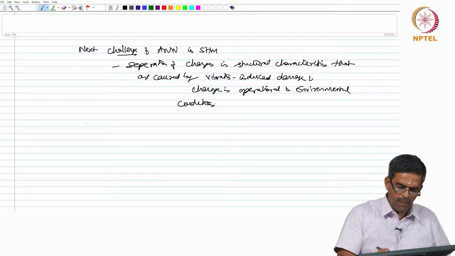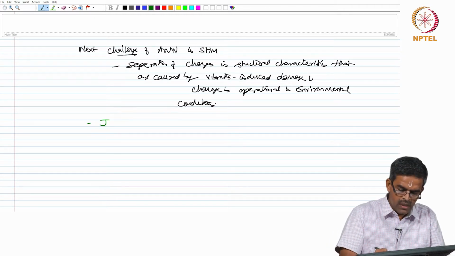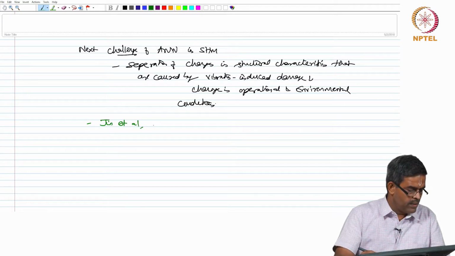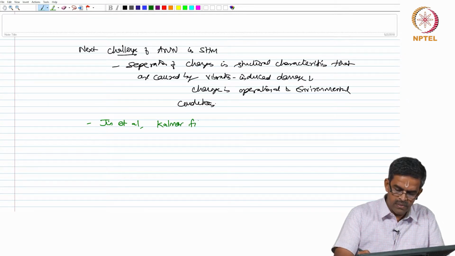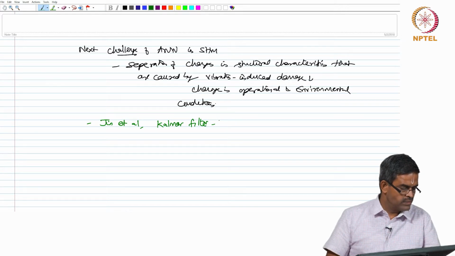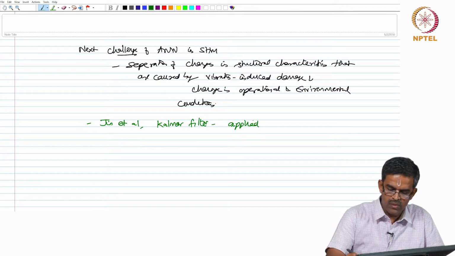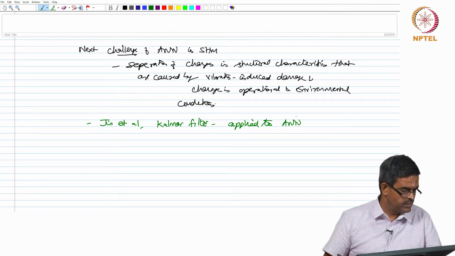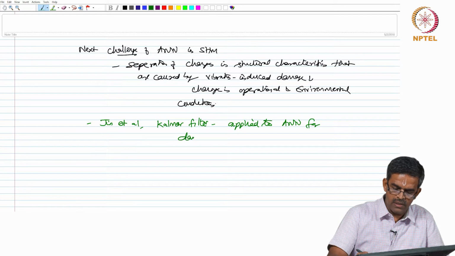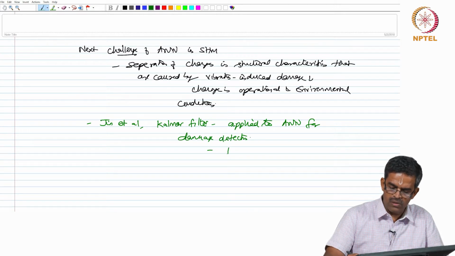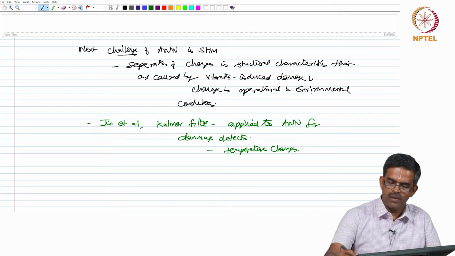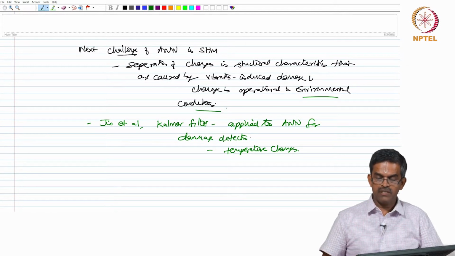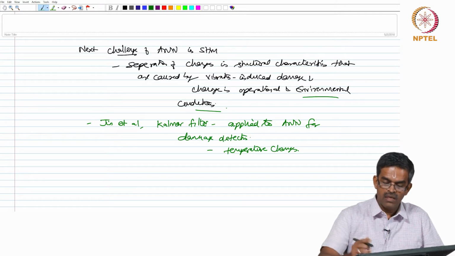So, the solution for this problem, as accepted by Jean et al., is that one can use a Kalman filter, which can be applied to the network for damage detection essentially caused by temperature changes. Temperature is one of the environmental conditions that induces additional damage, other than those induced by vibration, on the bridge.